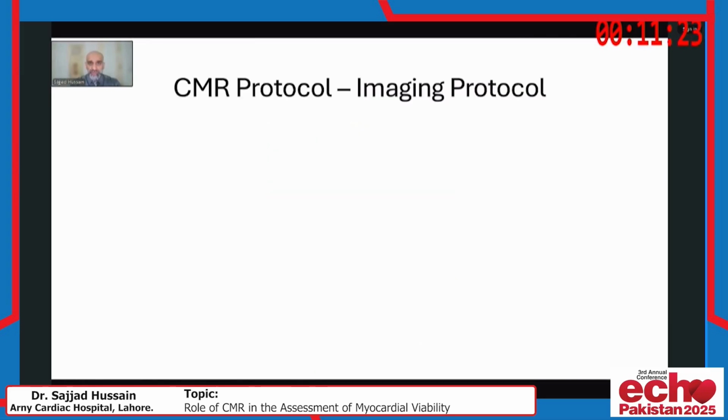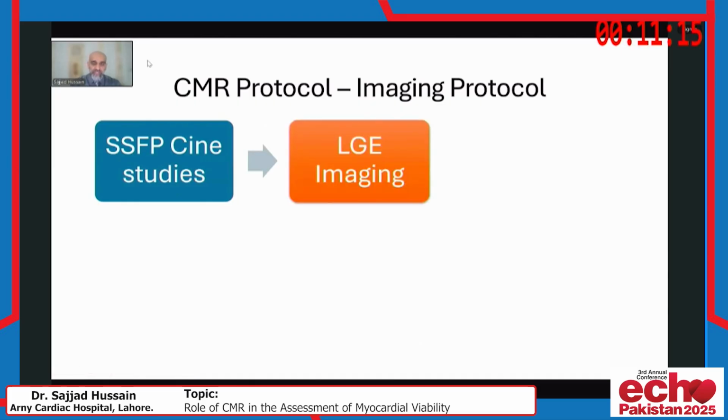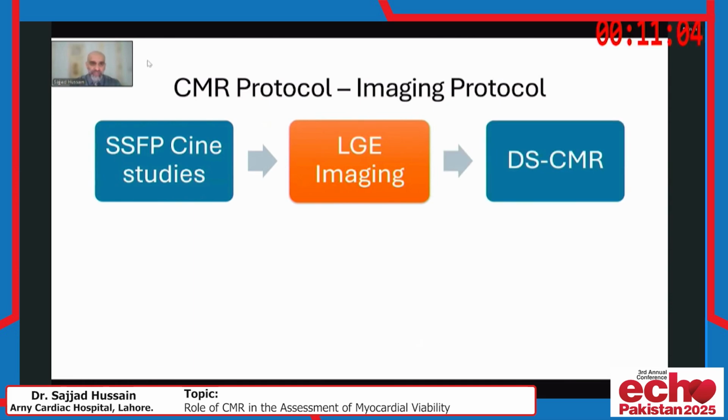So how do we do this? The first thing we do is we do cine studies, and after the cine studies, as I mentioned already, we do the late gadolinium imaging. Late gadolinium imaging would mean that this would be done somewhere between 10 to 20 minutes, and we can add a dobutamine stress CMR.